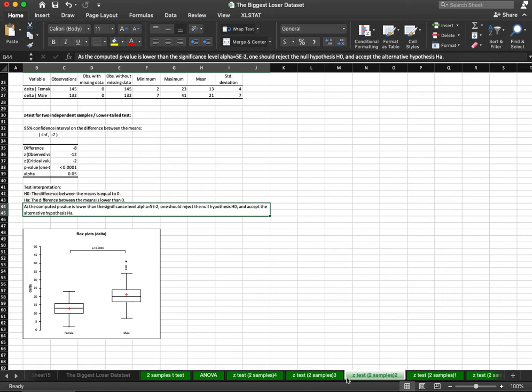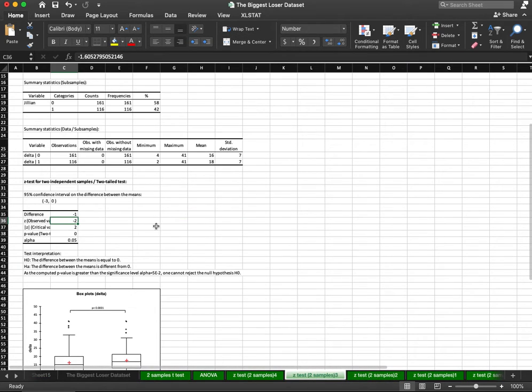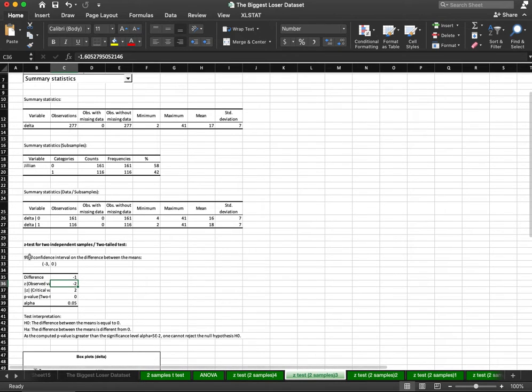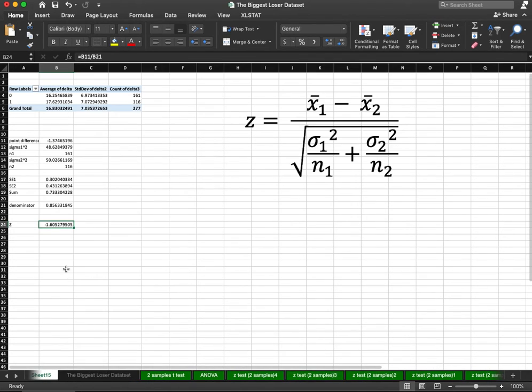Let's see. Yeah, it's here using Excel stat, and you can see the z value that it calculated, negative 1.6. Okay, it's exactly what we calculated. Right, so it's the same thing. You can get to it without using Excel stat. You just use pivot tables instead to get the data you need.